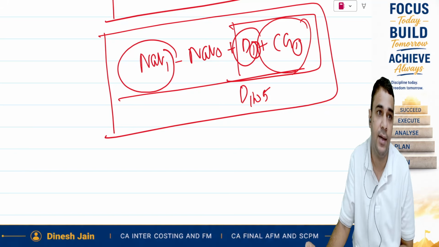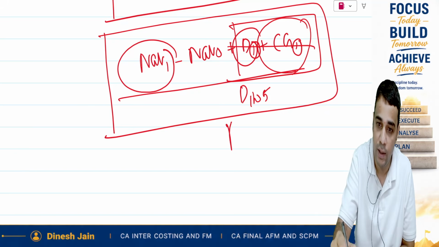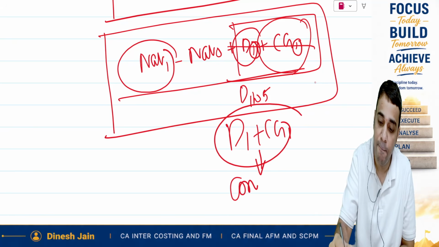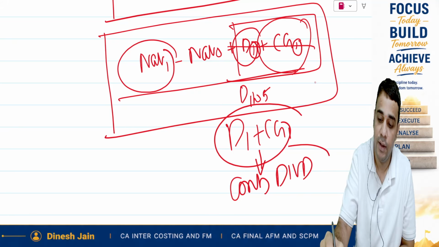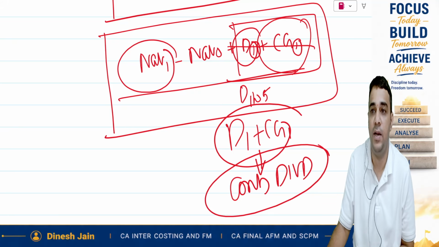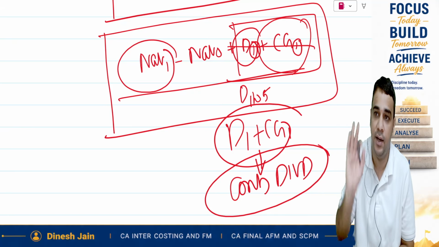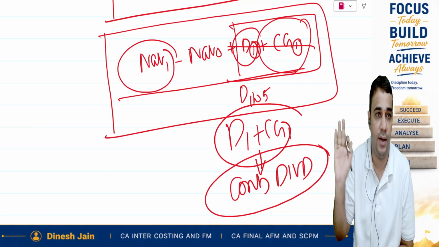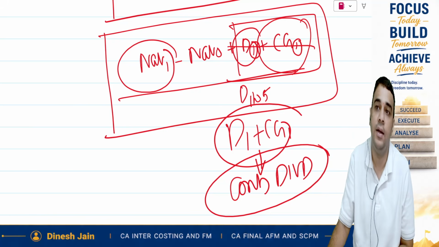There's nothing like this. So you can call D1 and CG1 the combined dividend. CG1 does not mean it is capital gain. CG1 is dividend income. D1 is also dividend income. Both are dividend income.